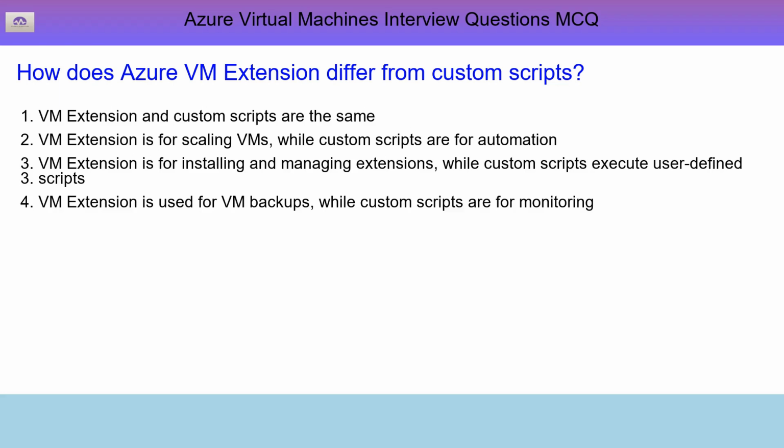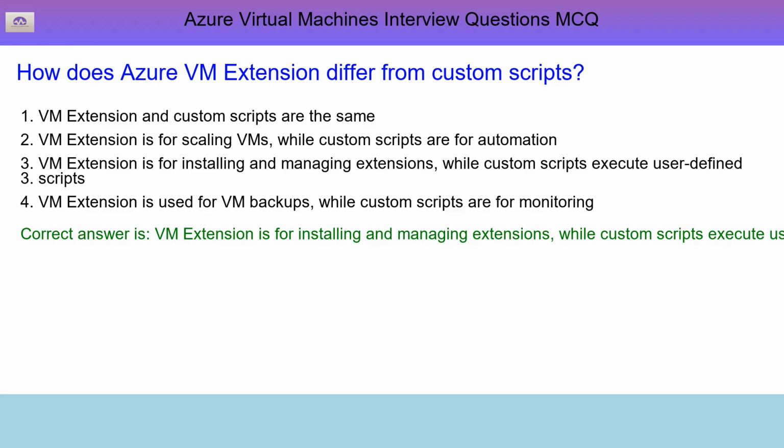VM extension is used for VM backups, while custom scripts are for monitoring. The correct answer is VM extension is for installing and managing extensions, while custom scripts execute user-defined scripts.